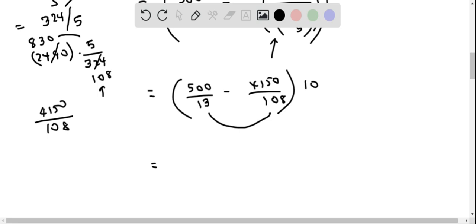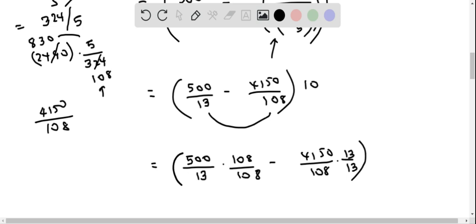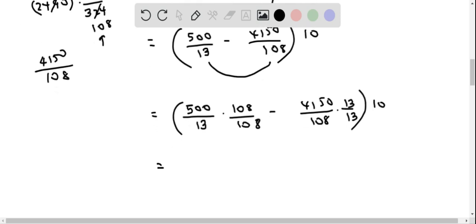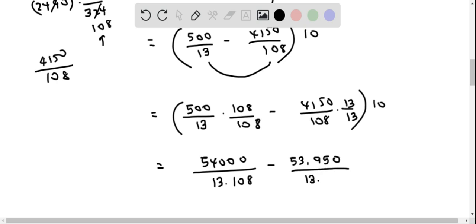So we multiply the first fraction by 108 and divide by 108, and the second fraction by 13 and divide by 13, and then overall we multiply by 10, and this reduces to 500 times 108 equals 54,000, and 13 times 108 equals 1404, or I can simply write this as 13 times 108, minus 4150 times 13 equals 53,950, and I write this as 13 times 108.